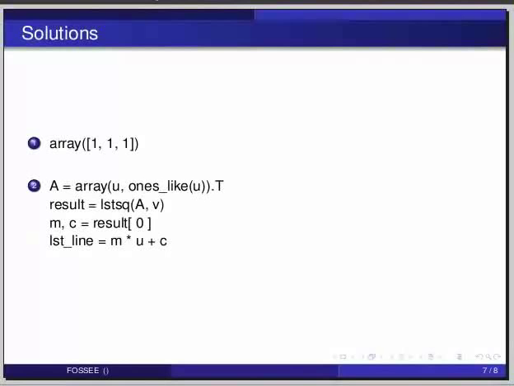A is equal to array within brackets u comma ones_like(u), dot T, then in the next command result is equal to lstsq within brackets A comma v, then type m comma c is equal to result square bracket 0, then the final command is lst_line is equal to m star u plus c, that is m multiplied by u plus c.